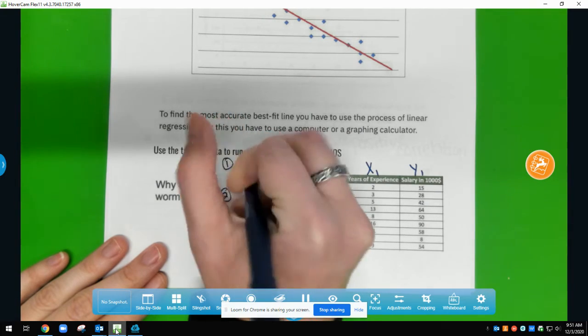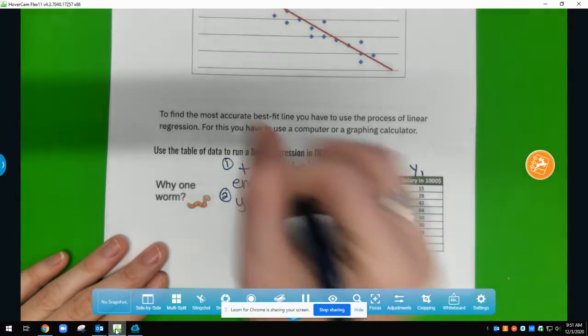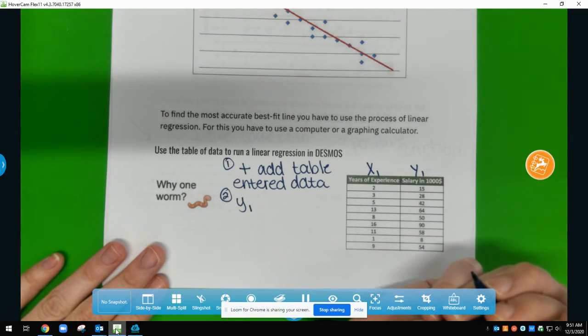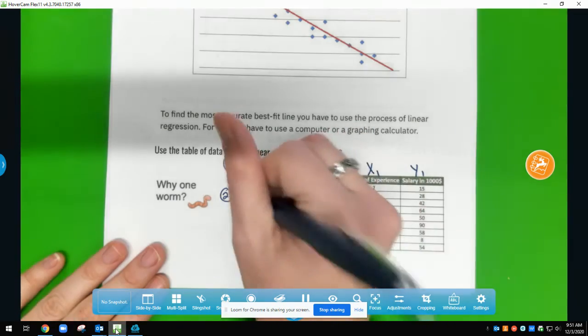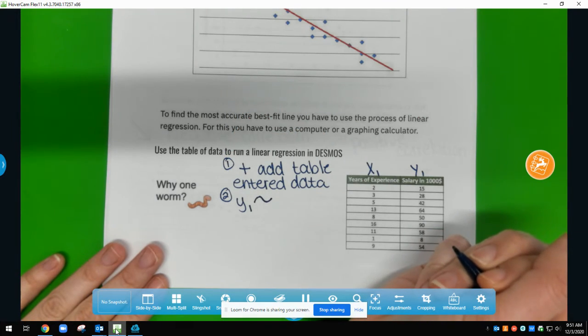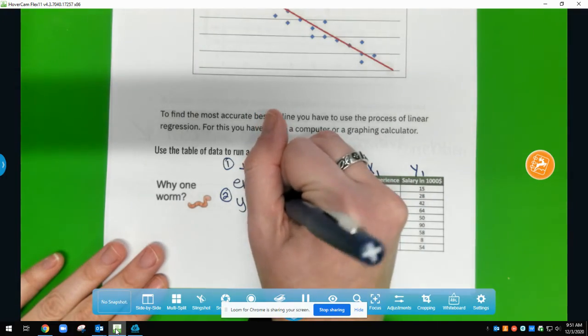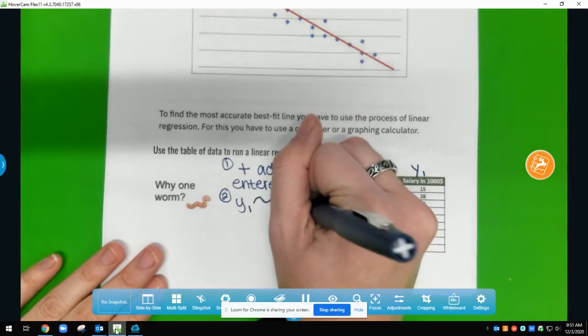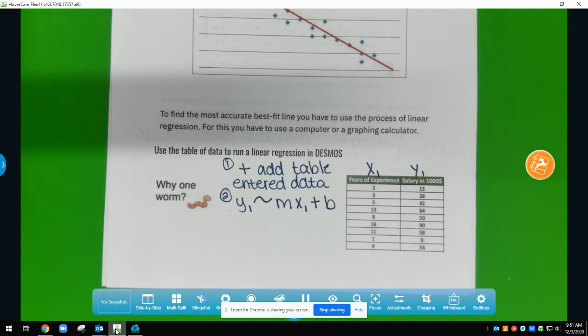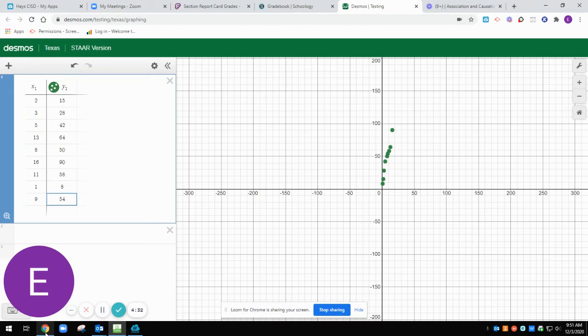Now in the second line, we are going to type Y1. Instead of an equal sign, since we're approximating, we're going to put our little worm. Okay, then we are going to put M x1 plus b. So we're going to go do that in line 2.